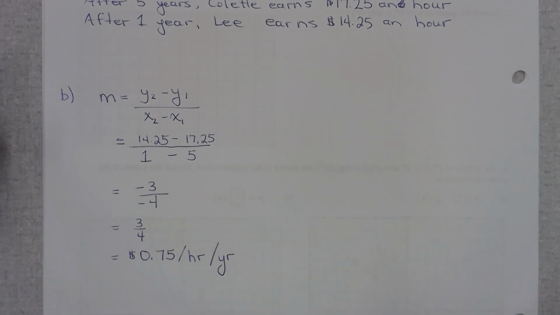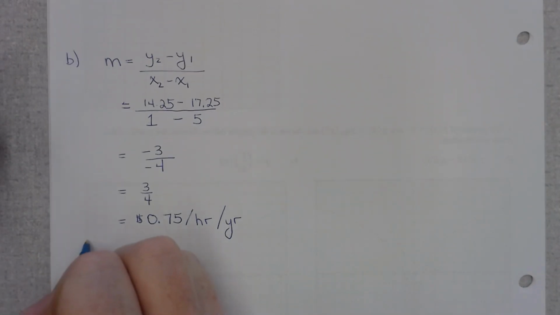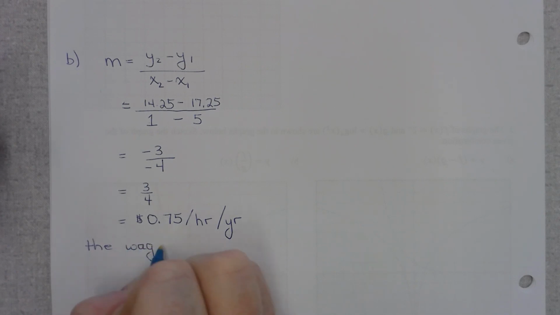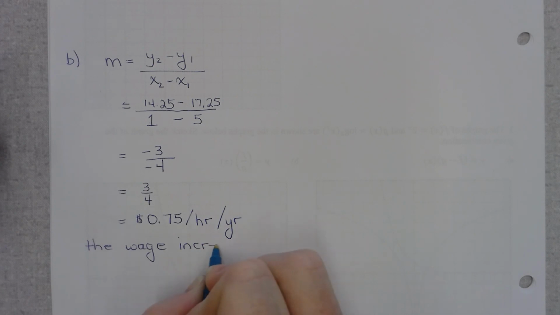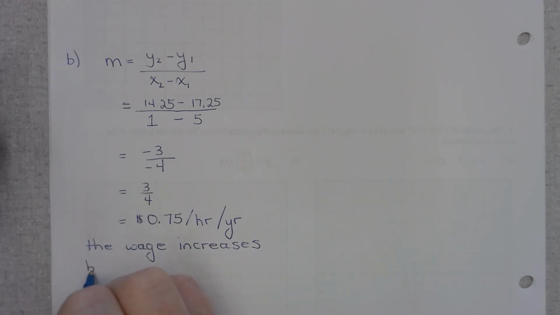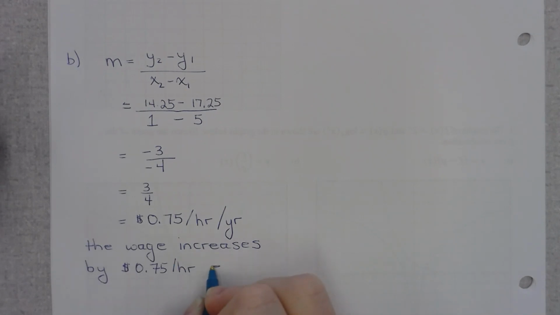So what the slope is telling you is that the wage, and it's positive, so the wage increases by 75 cents per hour each year.